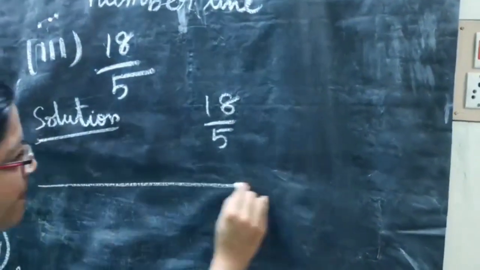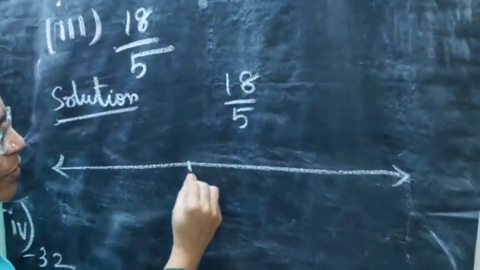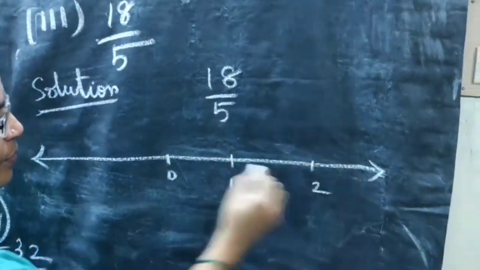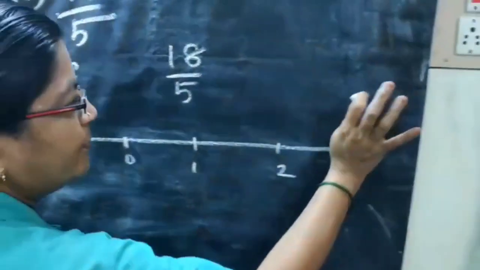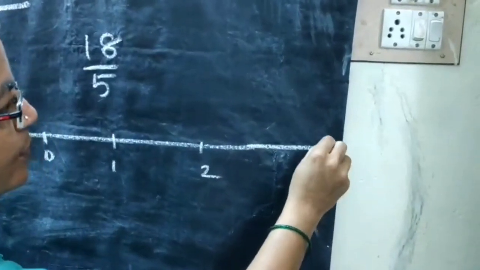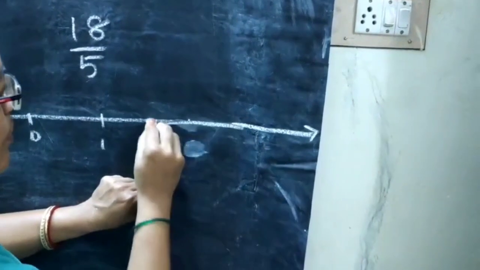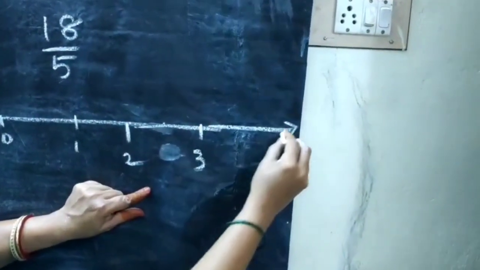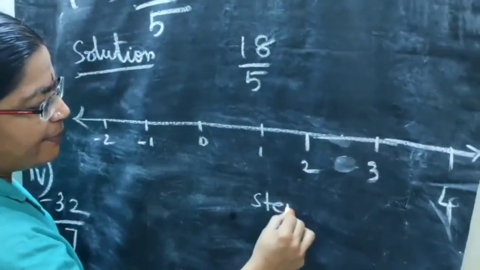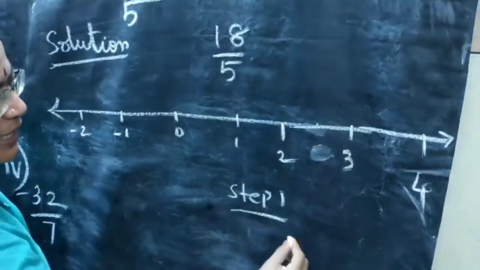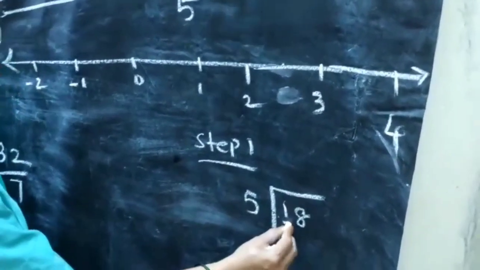So draw a number line: 0, 1, 2, and on the left minus 1, minus 2, and on the right 2, 3, 4. First step, what is the step? Divide the number. Which number do we want to divide? 18 by 5.